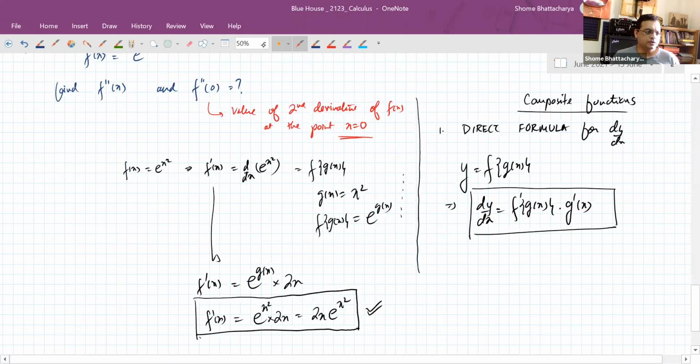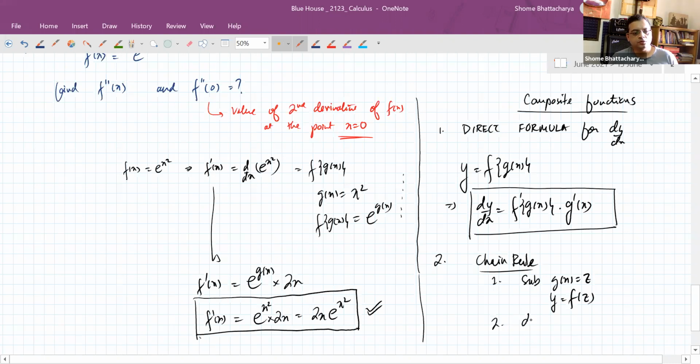Okay. However, if you still need to practice more, then you can always look at the chain rule and substitution method. So in step 1, we substitute g(x) as z, so y becomes f of z.